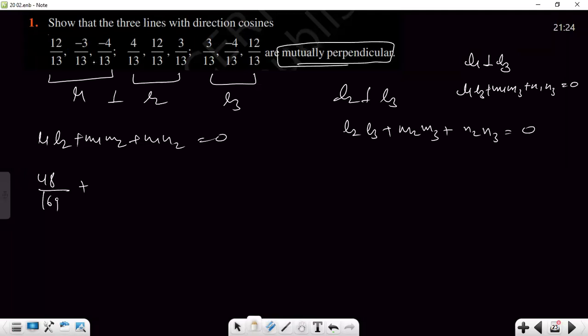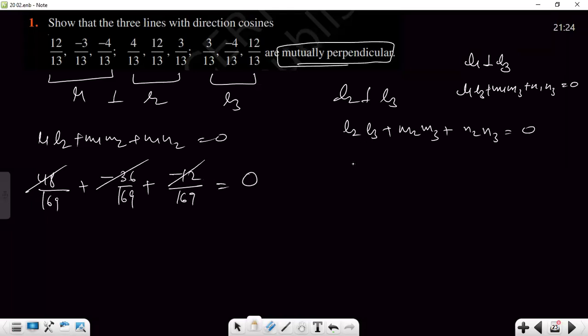So L1 L2 plus M1 M2 plus N1 N2 gives minus 36 by 169 plus 48 minus 12, making it 0.